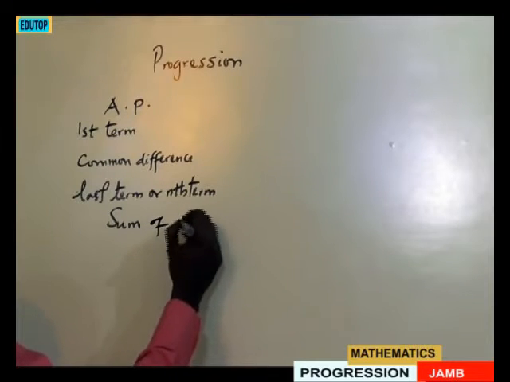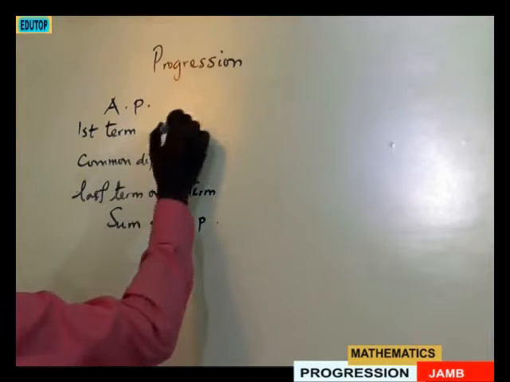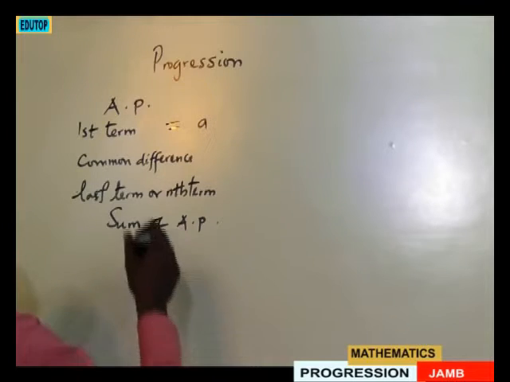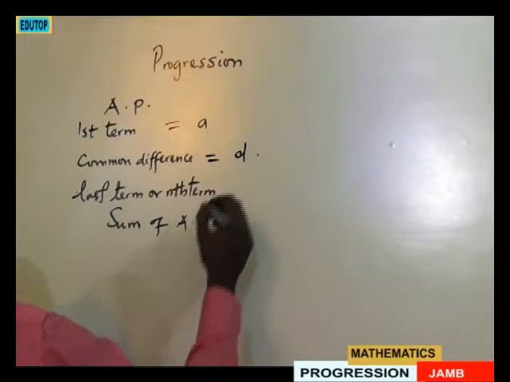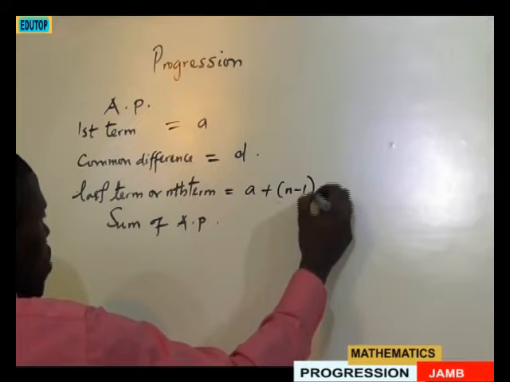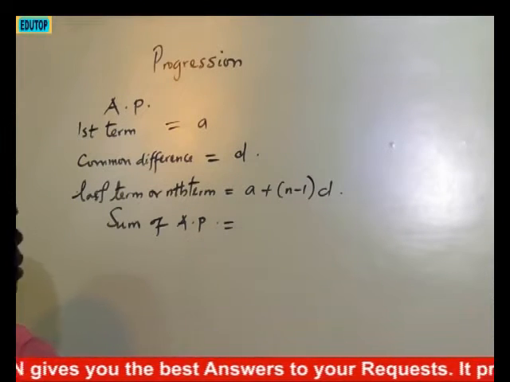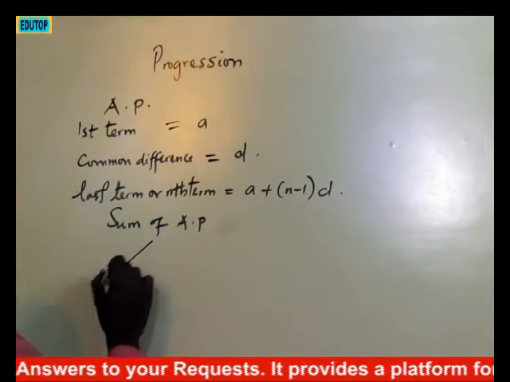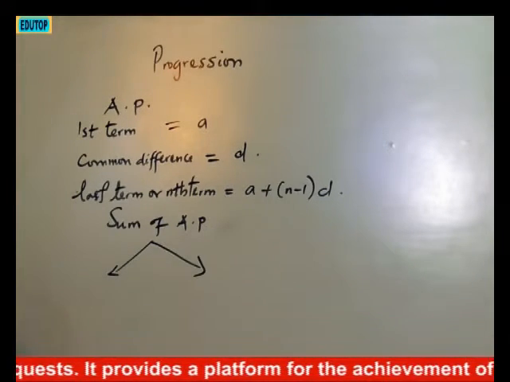of AP. So in this situation, the first term of an AP is denoted by A, while the common difference is denoted by D. The nth term has a formula of A plus n minus 1 D. Then the sum has two formulae, one involving the last term and the other one not.